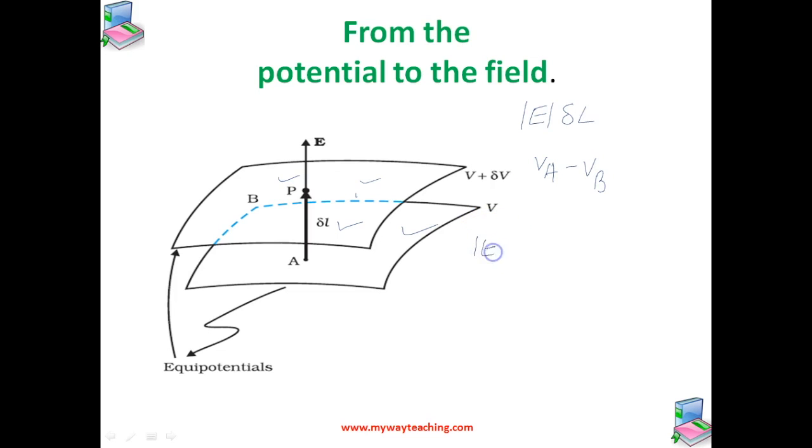Obviously, that is equal to V minus V plus delta V, which is equal to minus delta V. So E is equal to minus delta V by delta L. Since delta V is negative, delta V is equal to minus of modulus of delta V. So we can rewrite this equation as E is equal to minus of delta V by delta L.